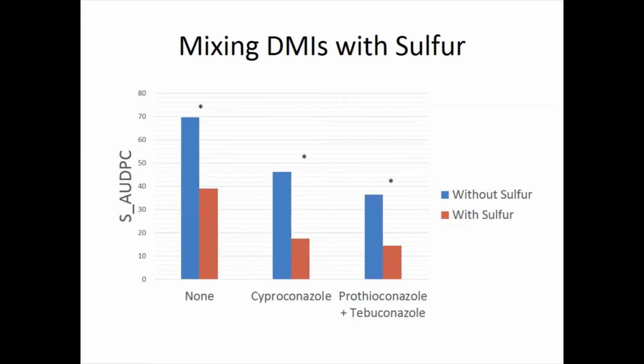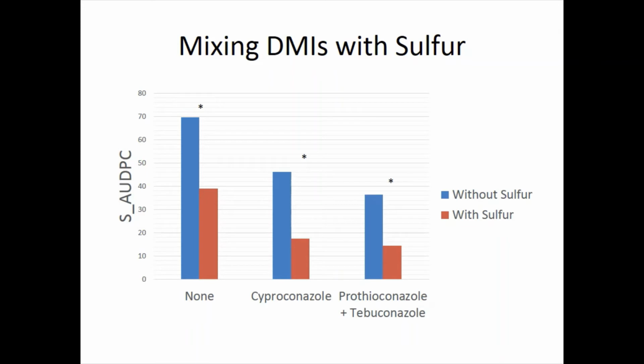This is just the results of a study that Albert Culbreath published this past year, looking at the effects of mixing sulfur with DMI fungicides. This is the area under the disease progress curve, so it's representative of the overall leaf spot epidemic.